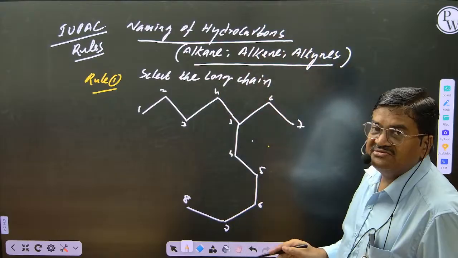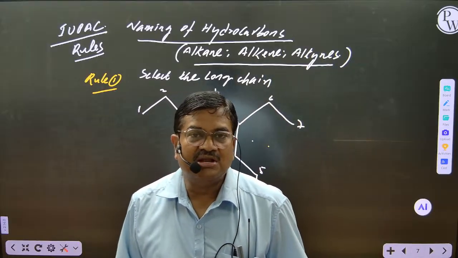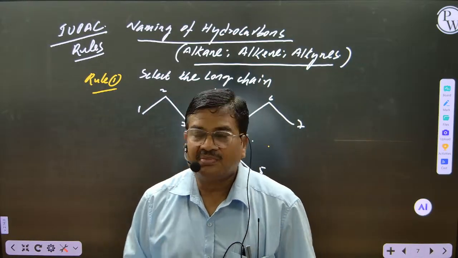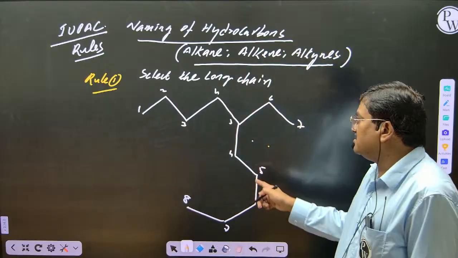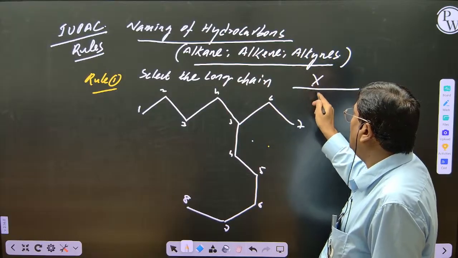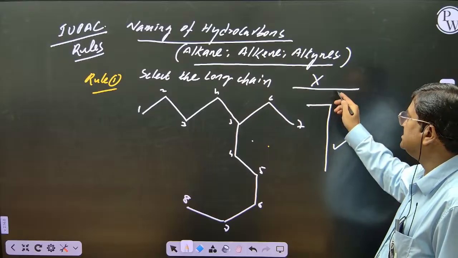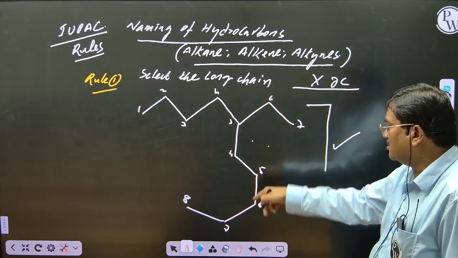Whenever a compound is given, what you do? Select the long chain. The long chain need not be straight. It may be zigzag also, but it should be in continuation. So I have selected not straight. Going straight is wrong. And in which direction is it correct? Going down is correct. Going straight, I am getting only 7 carbons. Going down, I am getting 8 carbons.